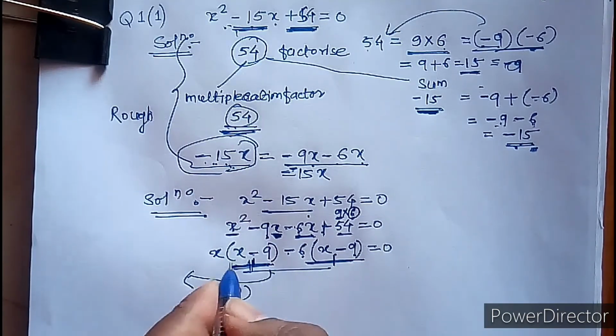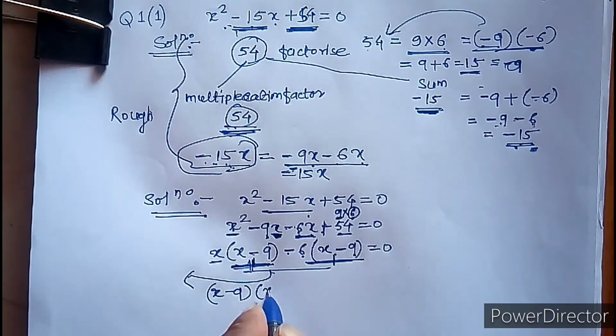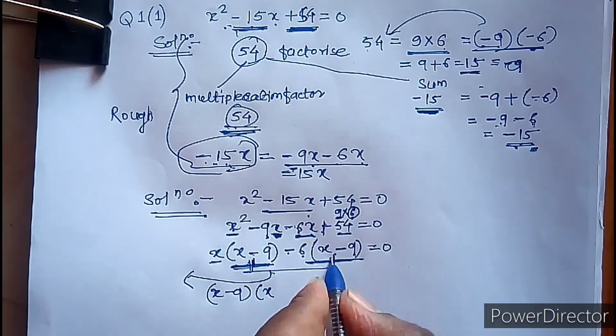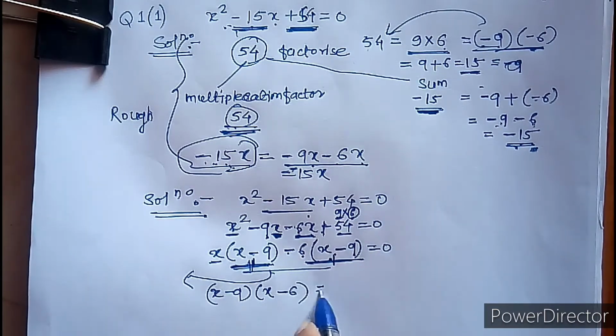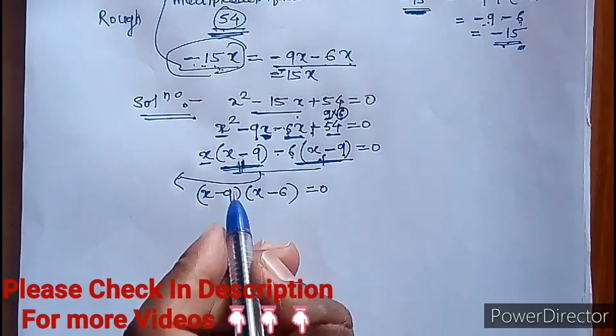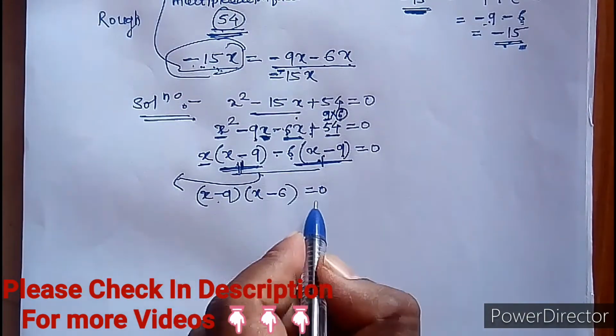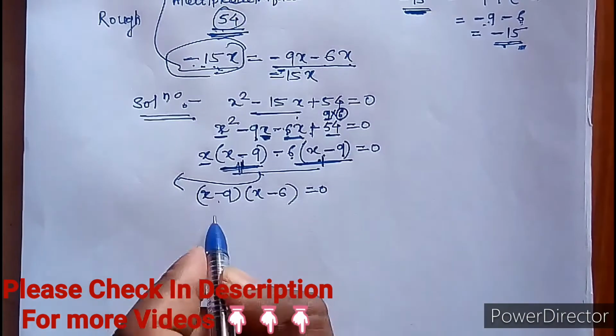Take x minus 9 outside, here remains x, and the other term also has x minus 9 common, therefore here remains minus 6 equals to 0. Now we get x minus 9 into x minus 6 equals to 0, which can be solved.